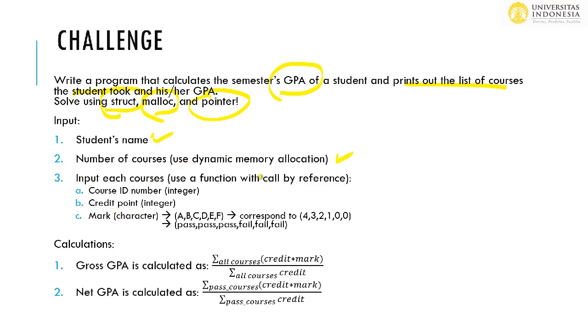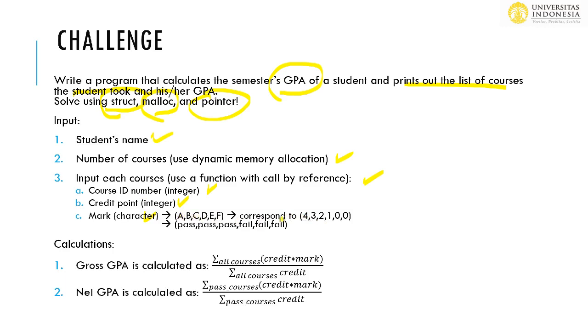And the input of courses uses a function called by reference, because the data should be very dynamic and changed every time you input the data: the course ID, the credit point, and also the mark.